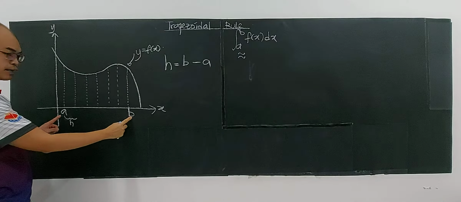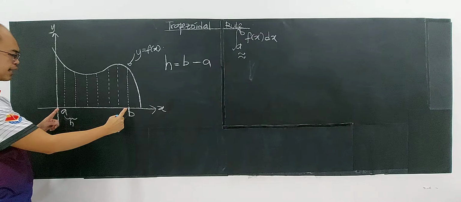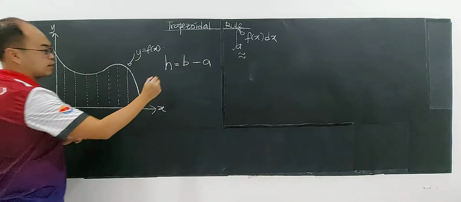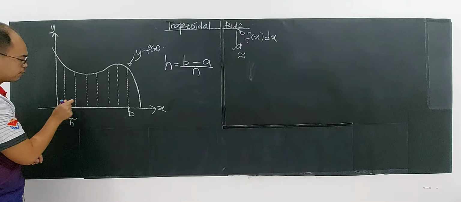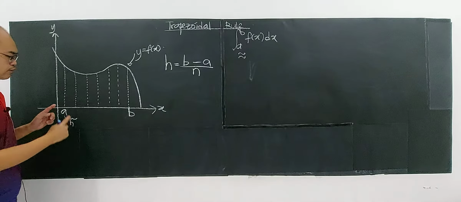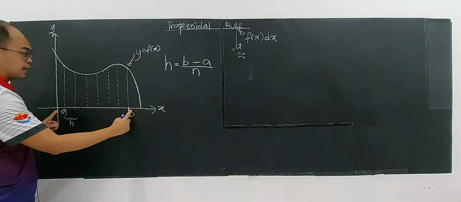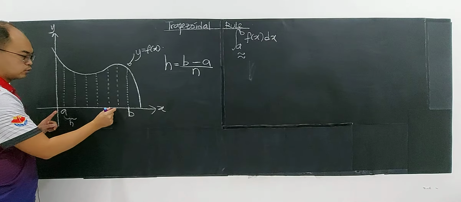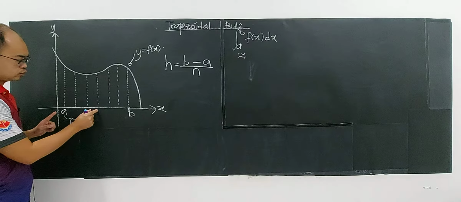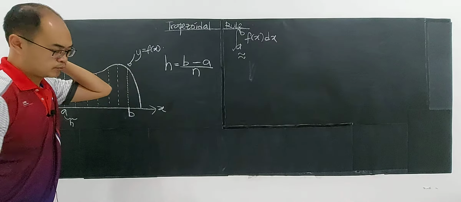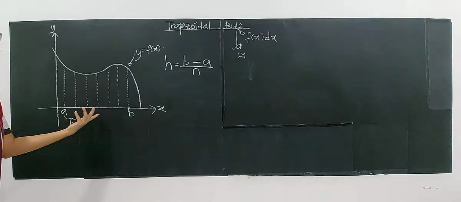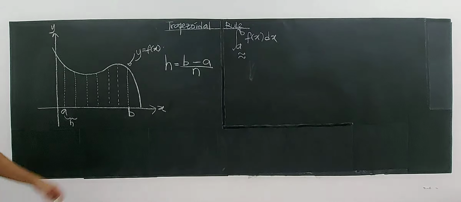Why do we take b minus a? Because b minus a is the length. Then we divide by the number of intervals. If let's say a to b has 6 intervals, 1, 2, 3, 4, 5, 6, we're going to divide by 6. For now, we're not sure how many intervals we use, so we just want to generate a formula for this.